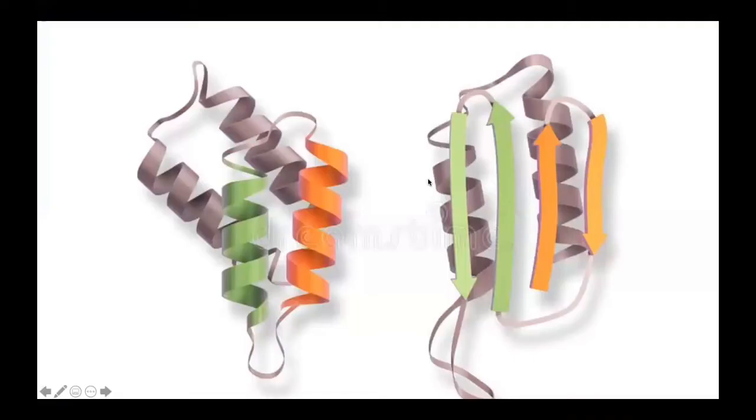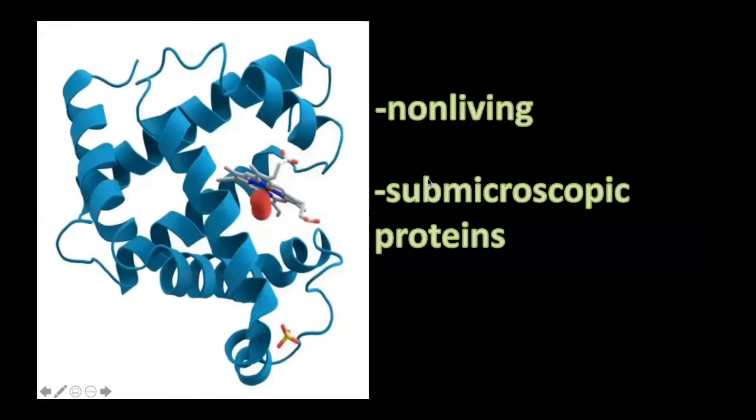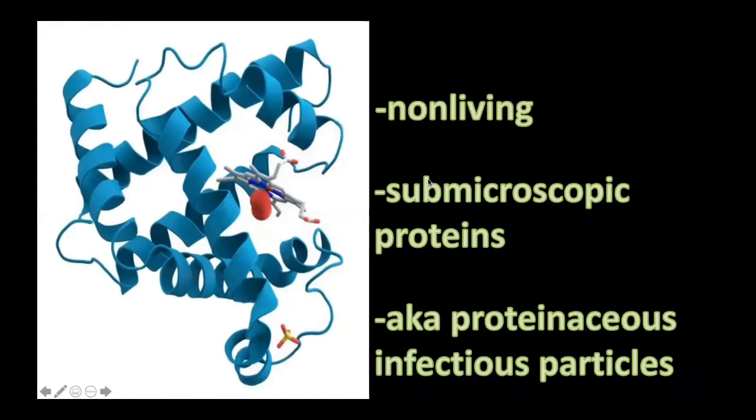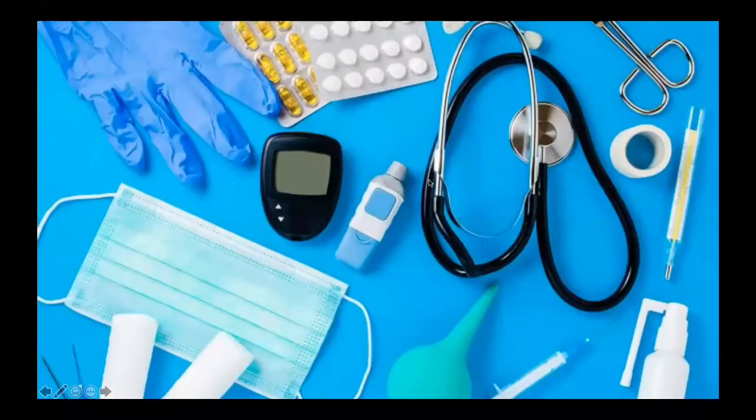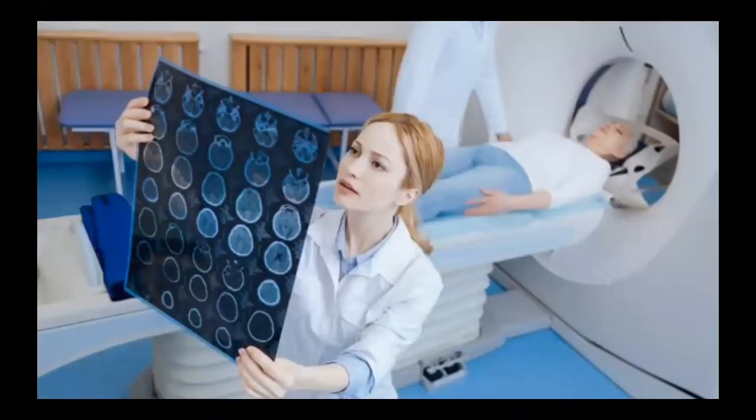These non-living submicroscopic proteins are also known as proteinaceous infectious particles. They infect a host through contaminated materials such as meat or medical equipment. Prions cause normal proteins in the brain to fold in ways they really aren't supposed to. These abnormal proteins can be diagnosed through MRIs, spinal taps, and EEGs, which analyze blood and brain waves.